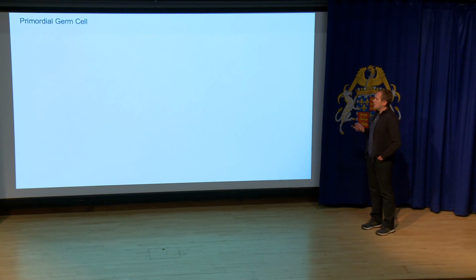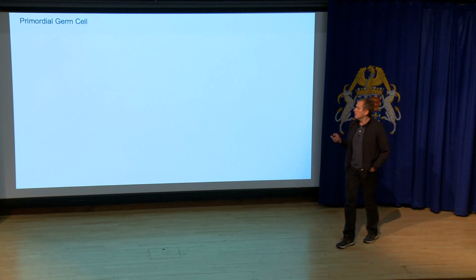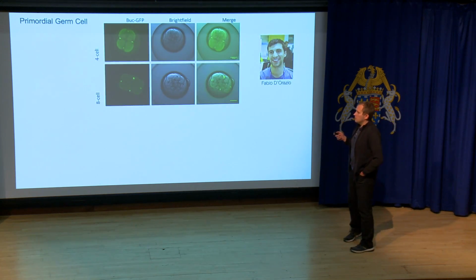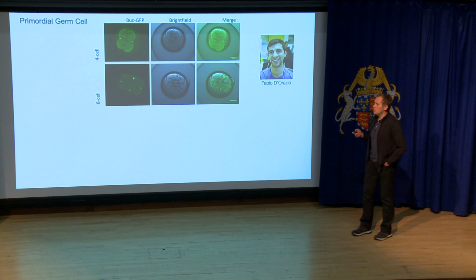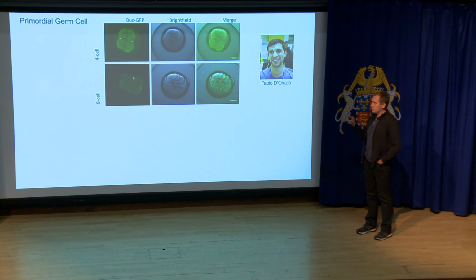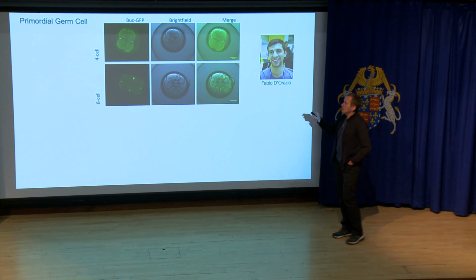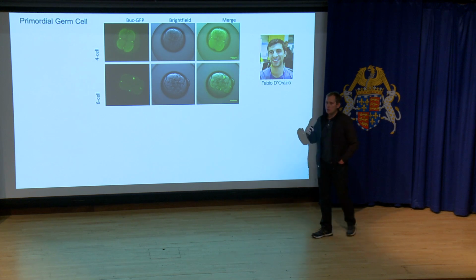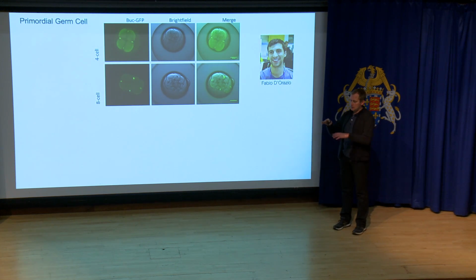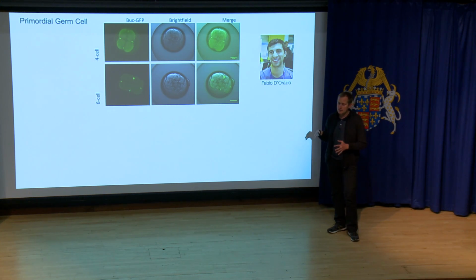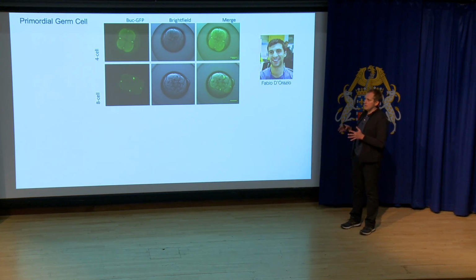And these primordial germ cells, we know how they are formed. So we work in zebrafish, and in zebrafish, there is something called germplasm, which is basically a gooey substance with lots of proteins and lots of RNAs, and it's deposited already into the oocyte.